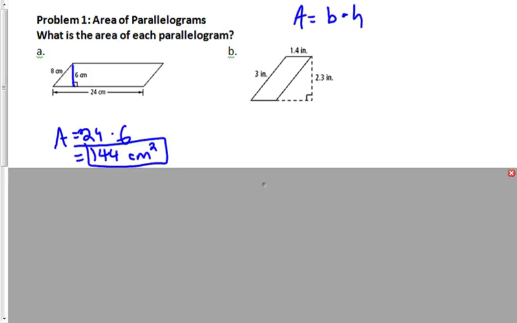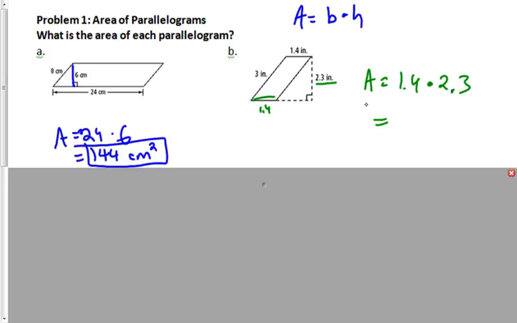All right, this one we have another parallelogram. It looks like we can use the top base here. That's okay. Either one of these would be bases, but since we have this as the height, right here, the altitude, we're going to use the 1.4 because this would also be the same as 1.4. So we're going to say the area for this parallelogram is 1.4 times the height of 2.3.